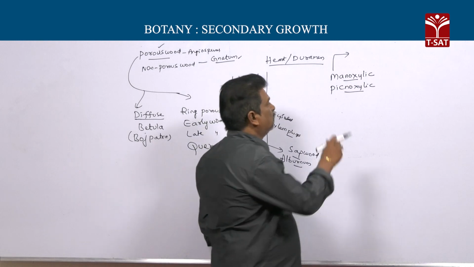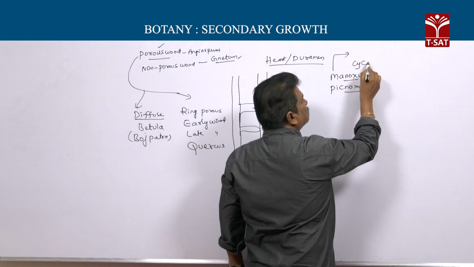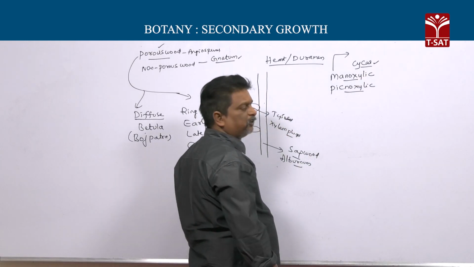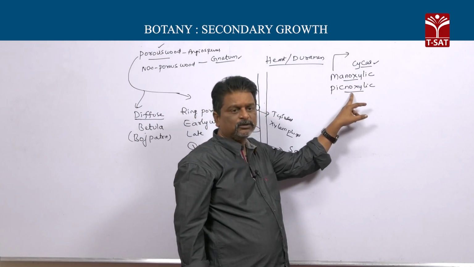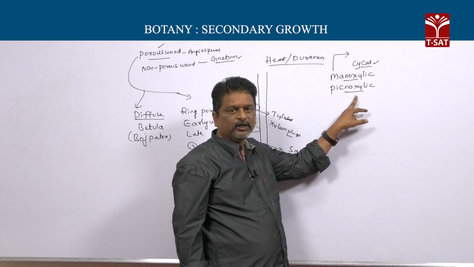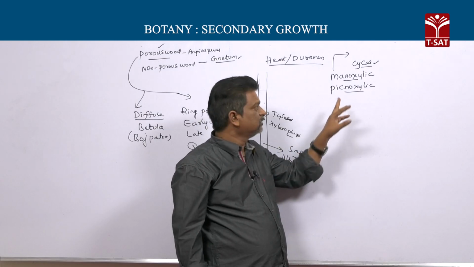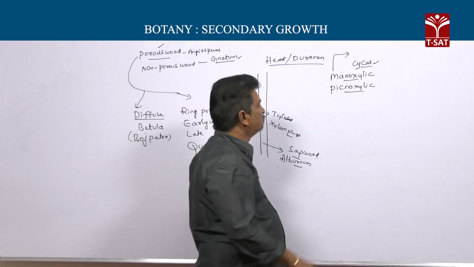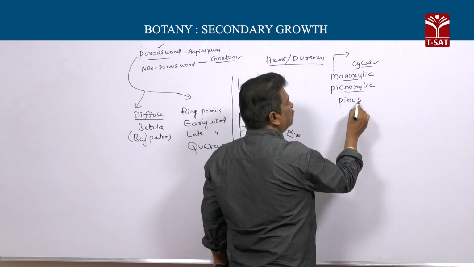So it is called monoxylic. Example for monoxylic: Cycas. The next one, pycnoxylic. Pycnoxylic means the xylem is hard because less xylem parenchyma is present. The xylem is compactly arranged, so it is called pycnoxylic. Example: Pinus.